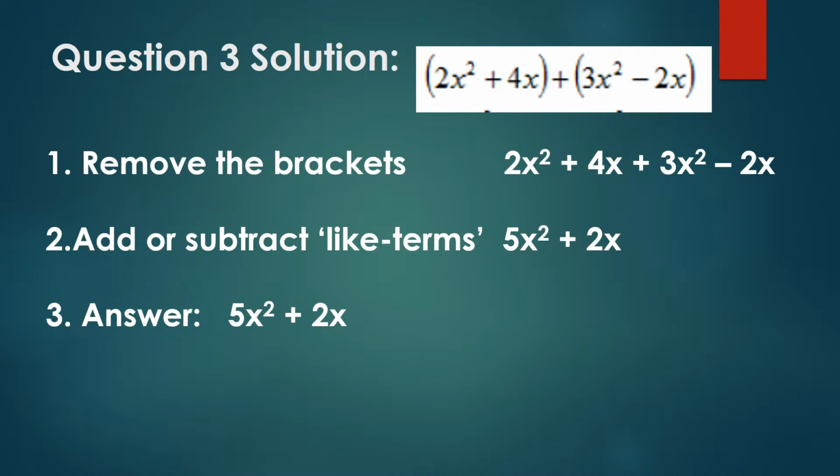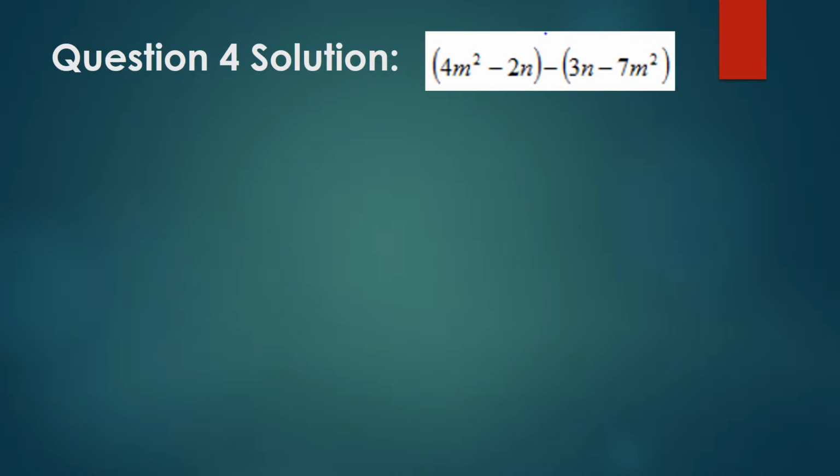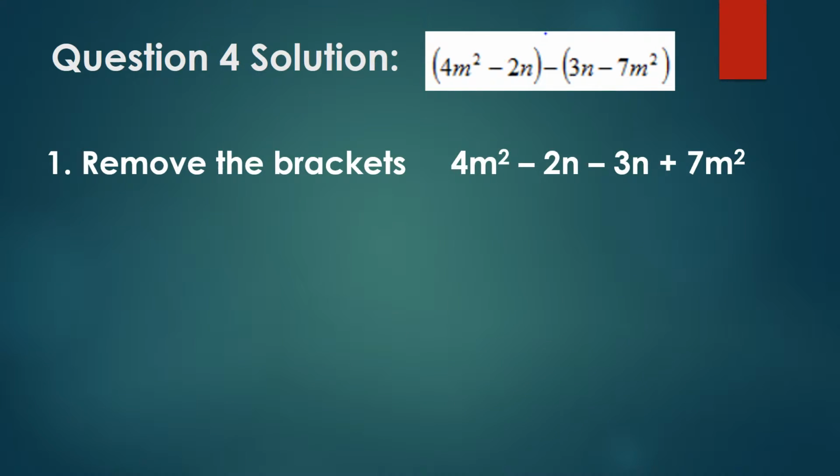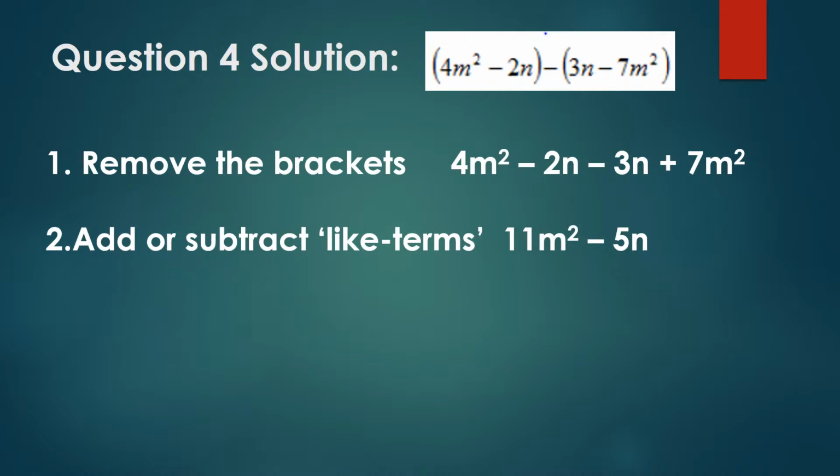There's the final answer, 5x squared plus 2x. Question number 4, you're going to remove the brackets, and when you do that, you get 4m squared minus 3n minus a negative 7m squared makes plus 7m squared, and you get minus 2n. So you collect like terms. 4m squared plus 7m squared is 11m squared, minus 2n minus 3n is minus 5n, so 11m squared minus 5n is your answer.